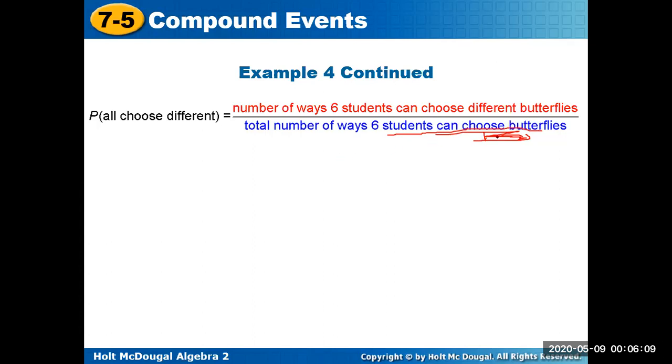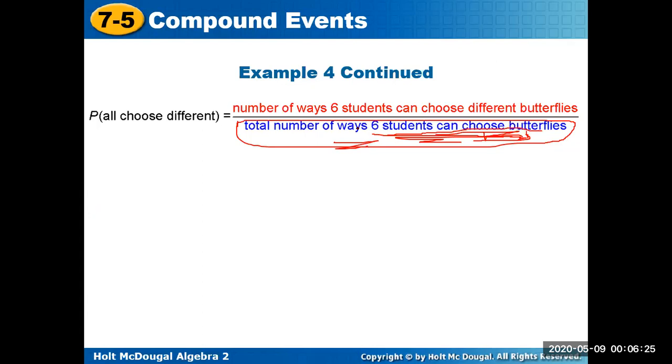So we use the fundamental counting principle, if you remember. We cannot use the permutation formula for this, because repetition is allowed in this case. So 2 students can have the same also. So everything is included here.